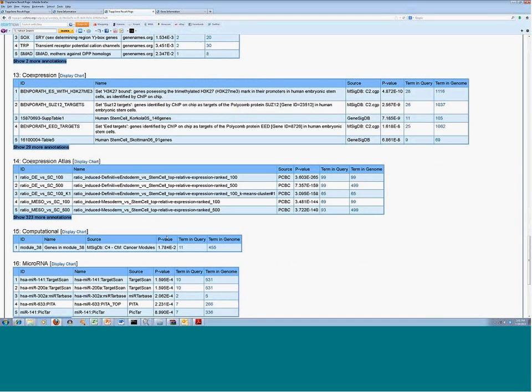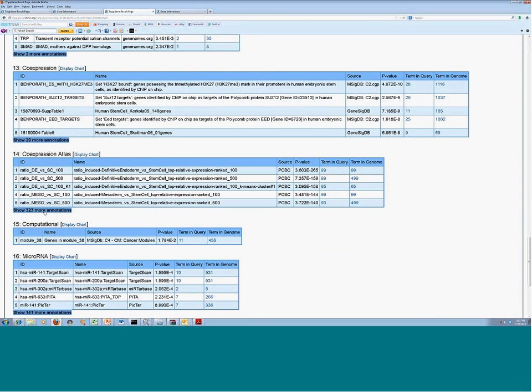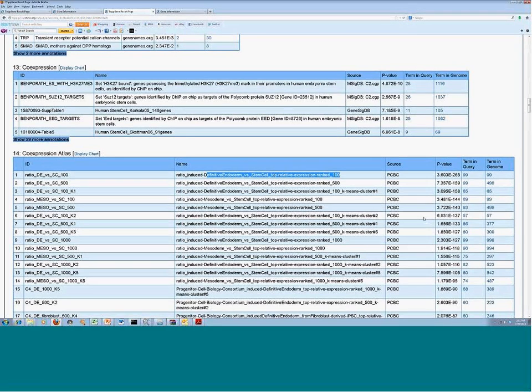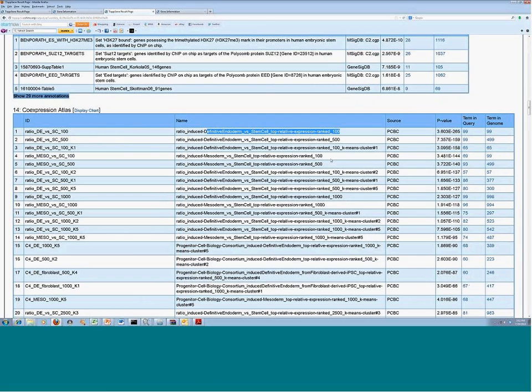But now go back down to the co-expression atlas, and you can see how that signature from the PCBC data set, this endoderm versus stem cell 100, compares to other signatures. In the top 1,000 it'll all be there, but now you can see it's part of a K cluster.